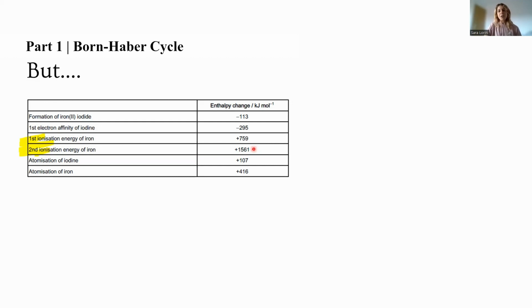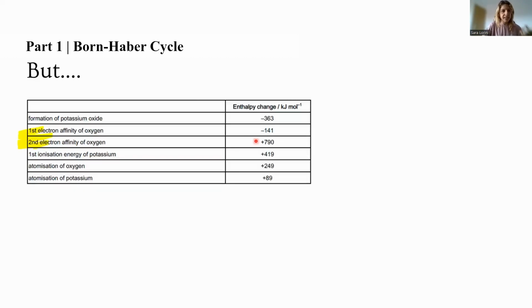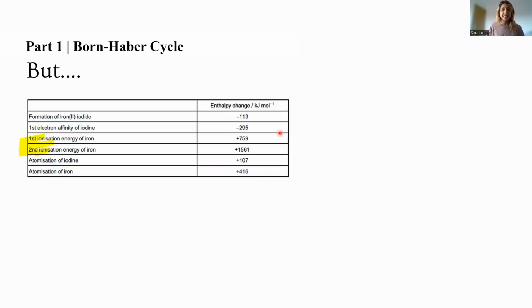So a very common question that you will get is, explain why the second ionization energy is more endothermic than the first. And of course, another very common question: explain why the second electron affinity is endothermic while the first is exothermic. So for the trends in ionization energy, you should remember from the periodicity topic or the atomic structure topic, so make sure you go and revise that.